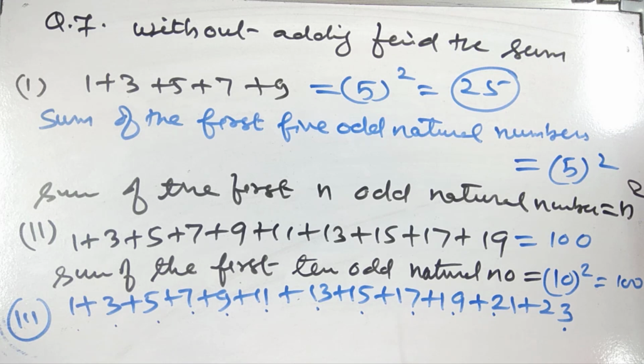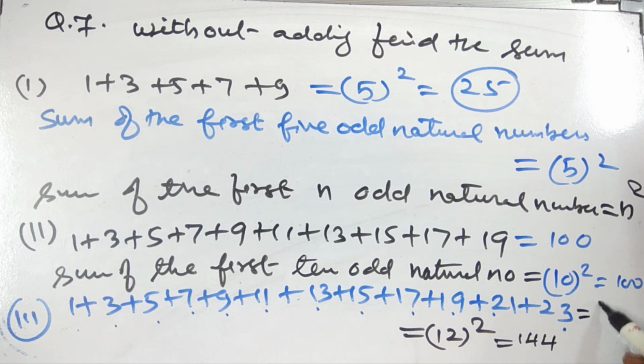The sum of the first 12 odd natural numbers is equal to 12 square, which is equal to 144. So the sum of these numbers is equal to 144.